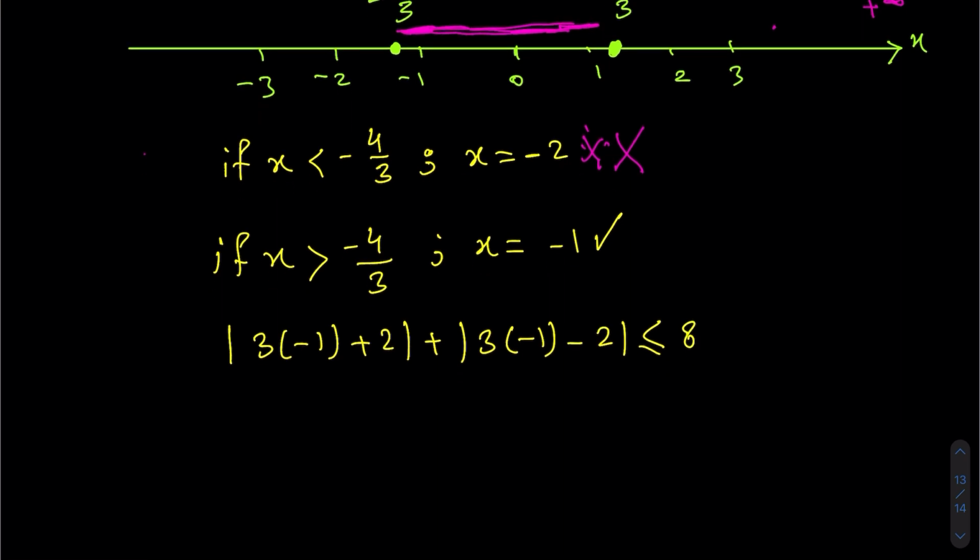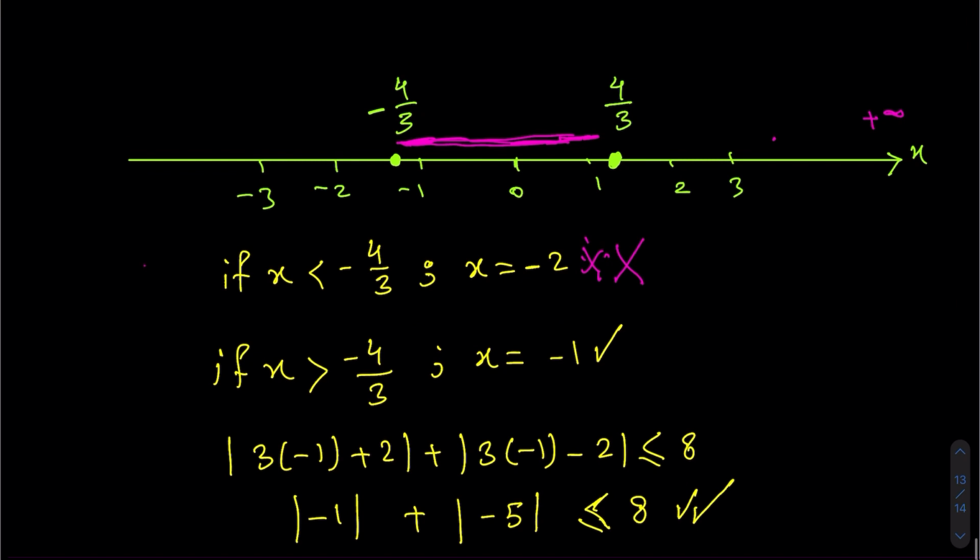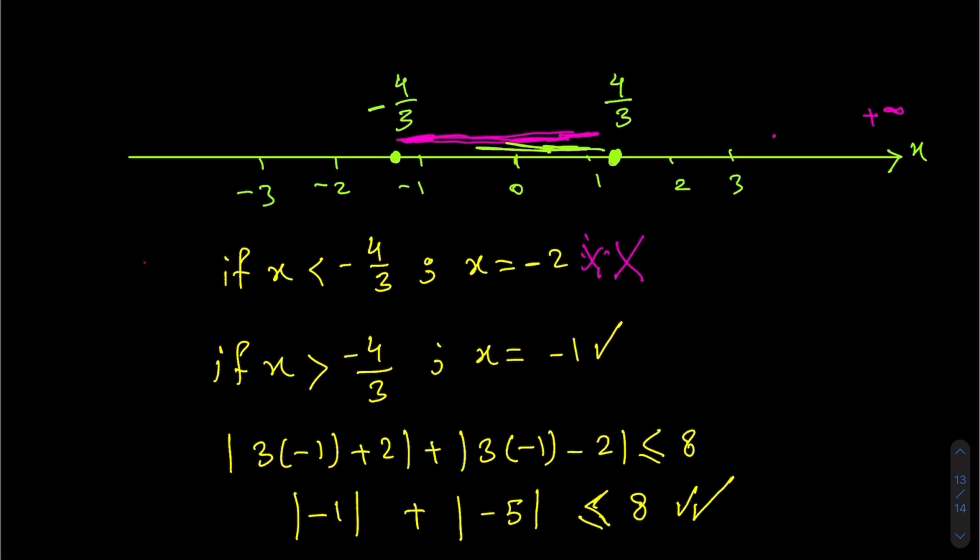And if we simplify it, negative 3 plus 2 will be negative 1, the absolute value of negative 1 plus the absolute value of negative 5, so it will be 6, which is less than or equal to 8, which is correct. So this area is my answer. Definitely this area is my answer that I am coloring.